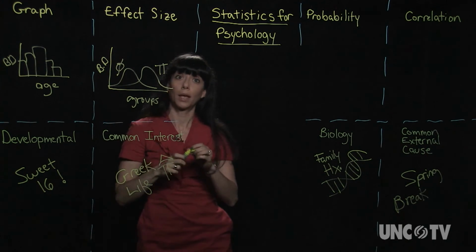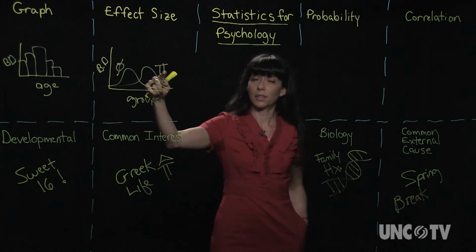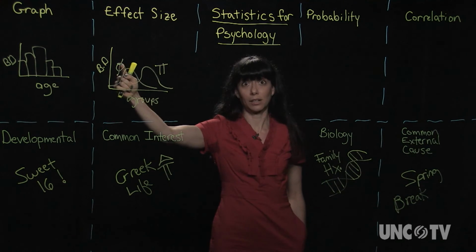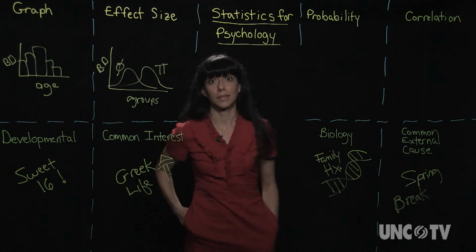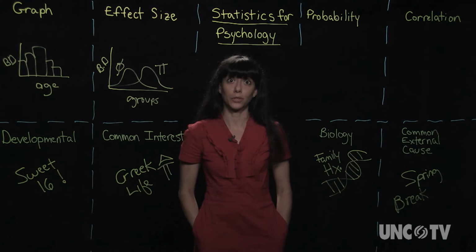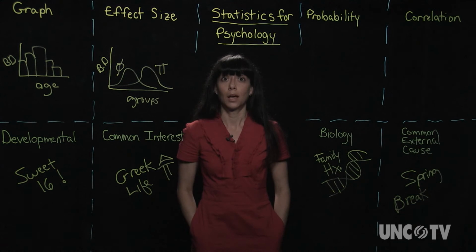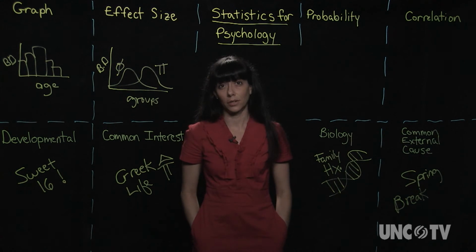We can have a not Greek life group. And we can see, does the binge drinking patterns in our Greek life group differ from our not Greek life group? Statistics can help us answer this question using tools like effect sizes, and that's something you'll also learn in your introductory course.